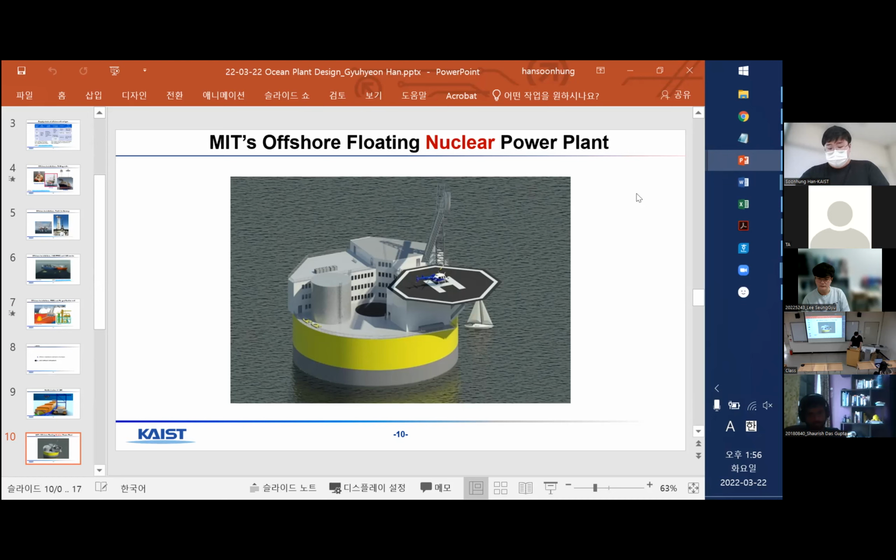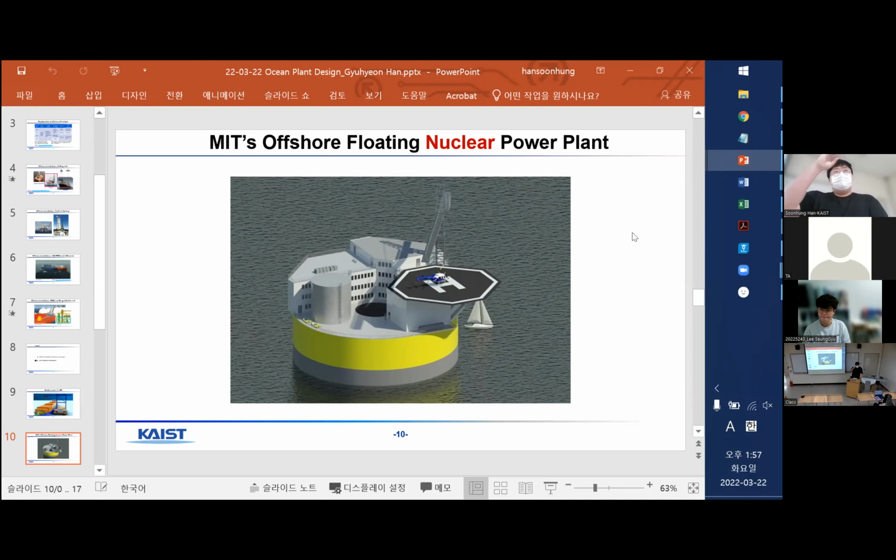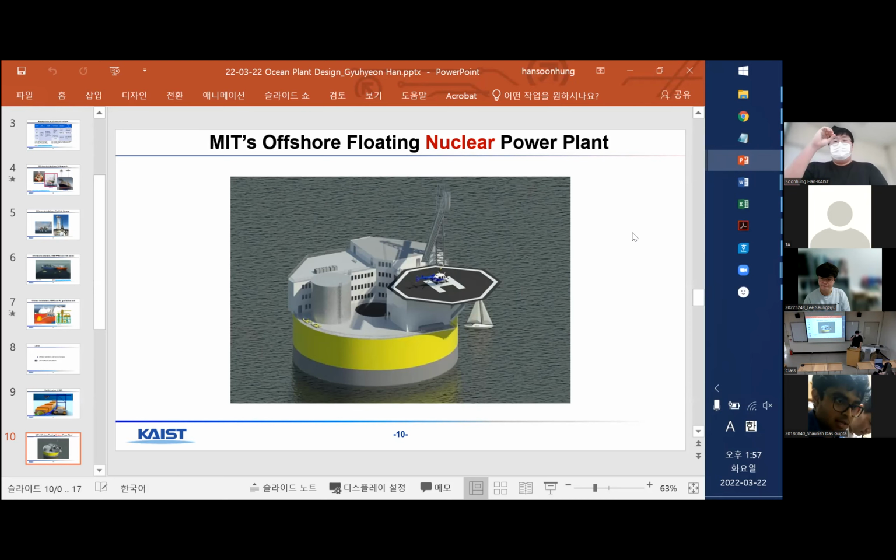I think this is because of the Fukushima nuclear plant accident in 2011. Maybe they wanted to develop this system because of the Fukushima incident. Basically it is floating, so it can withstand the earthquake, and it can be freely moved. So with a tsunami, it can jump over the tsunami, maybe, I think.